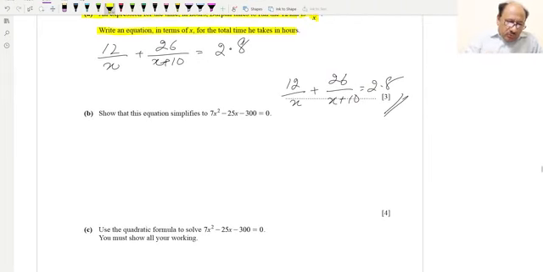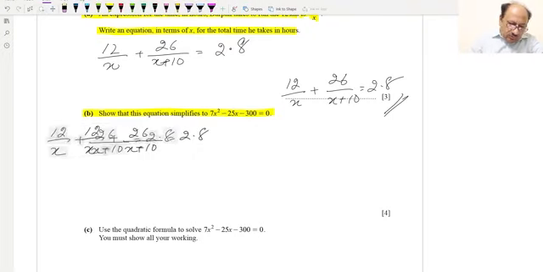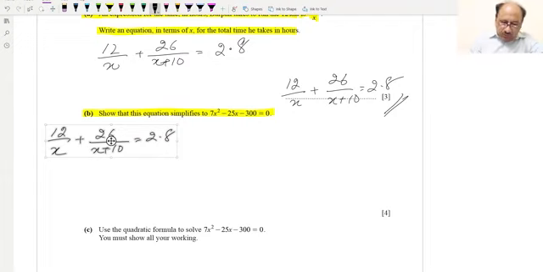Now B part: show that the equation is equal to 0. We need to show a quadratic equation, and for that we'll take this equation, 12 over x plus 26 over x plus 10 is equal to 2.8. I will just reduce the size because we don't have a lot of space, so I will use the space economically.